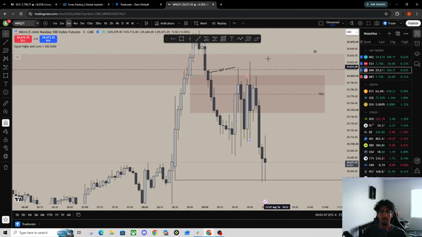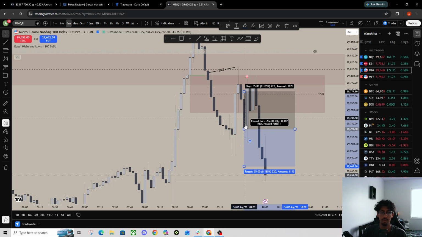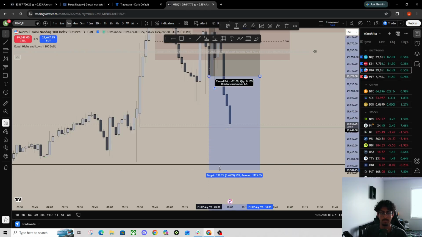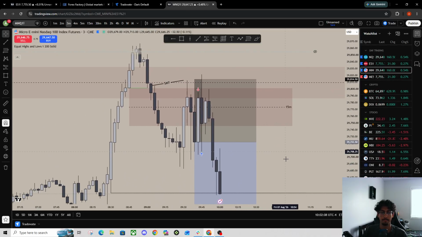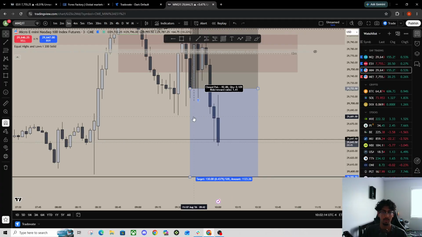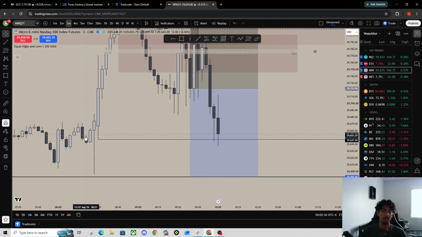And my entry was right over here around that. Stop loss up there, and then I was just targeting this low over here. I would have had my break even either at this 9:30 wick over here, depending on how price action was, or at the data low.